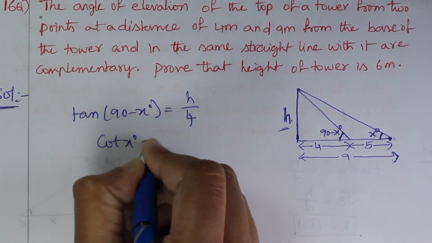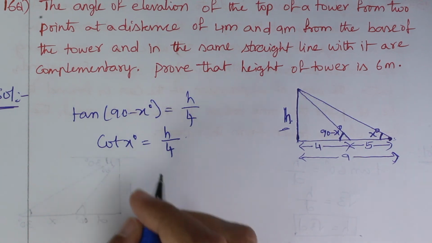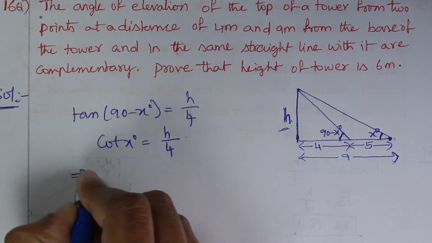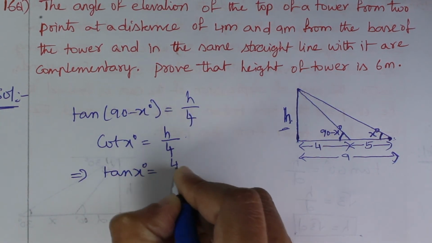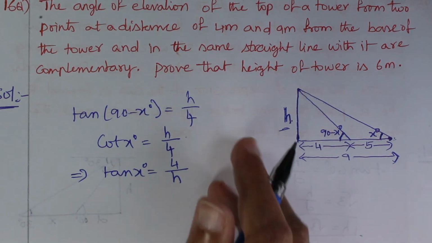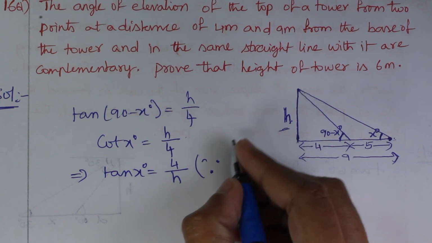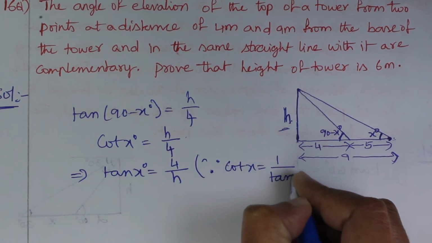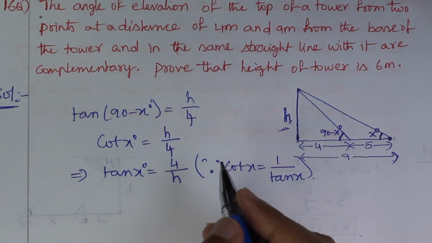Cot x is equal to h by 4, and this implies tan x is equal to 4 by h. Why did I invert it? Because cot x is equal to 1 by tan x. This is the reason I have taken tan x as 4 by h.